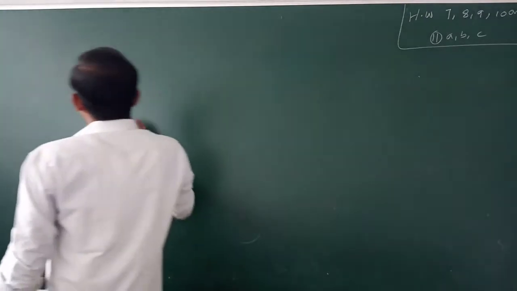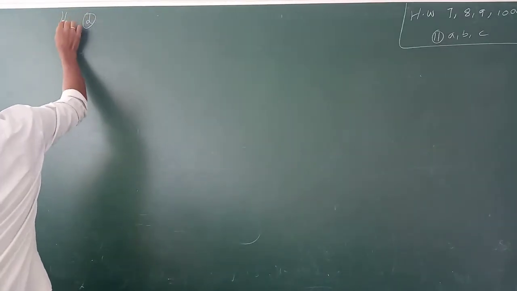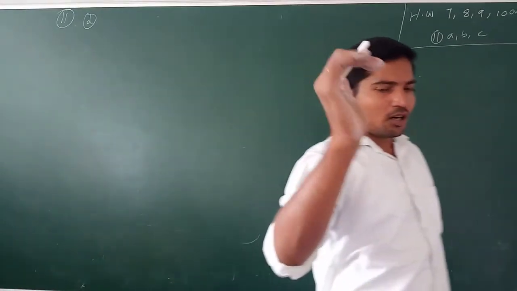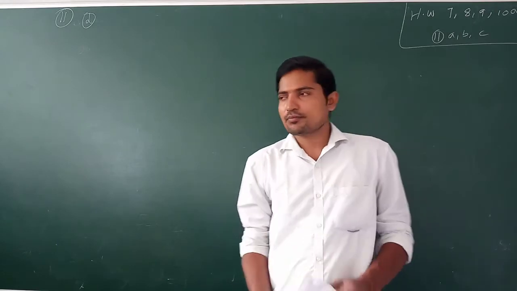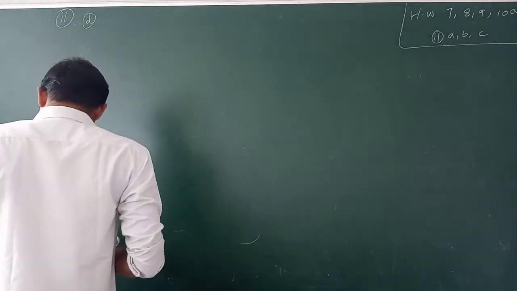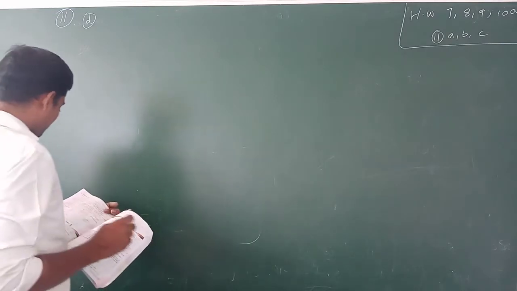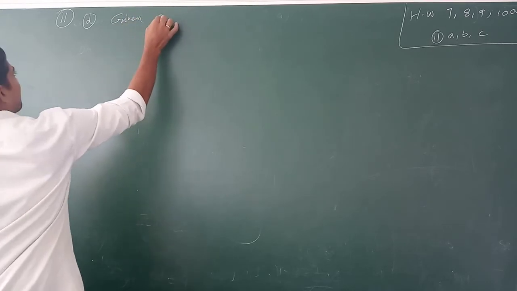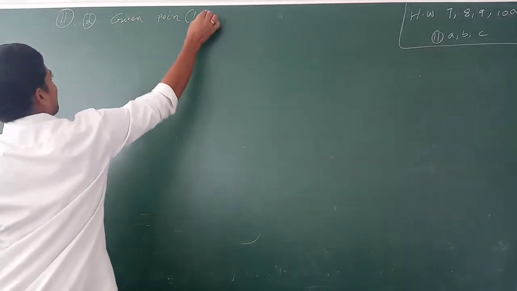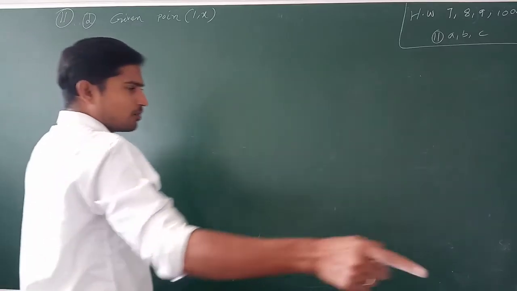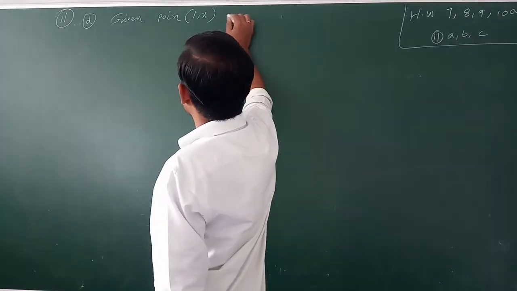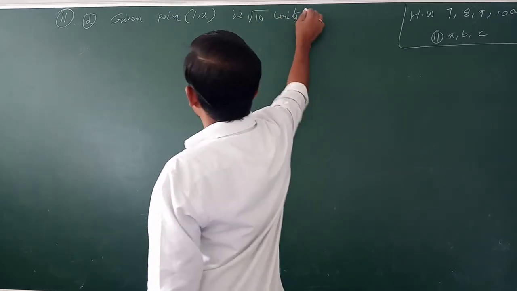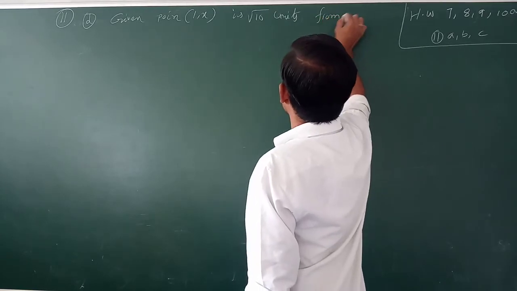Now, problem number 3 from the 11th round. The point given is (1, x), which is root 10 units distance from the origin (0, 0).